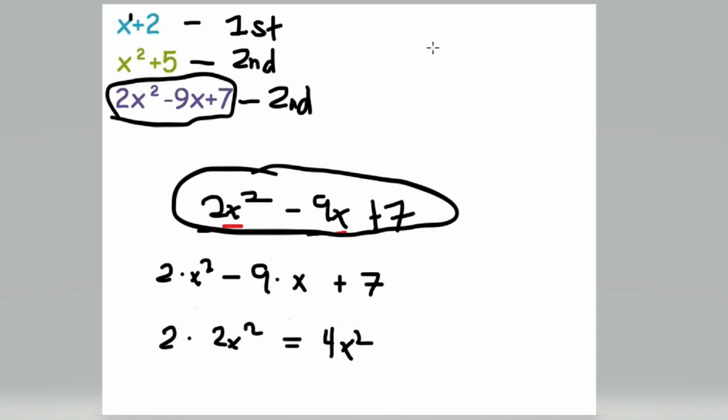Isa pang example. Let's use two variables. So, for example, 3x times 4y squared. So, two variables are present dito, which is x and y. Both of these variables have coefficients with them. So, first step in multiplication is multiply muna yung dalawang coefficients, which is 3 times 4, 12.